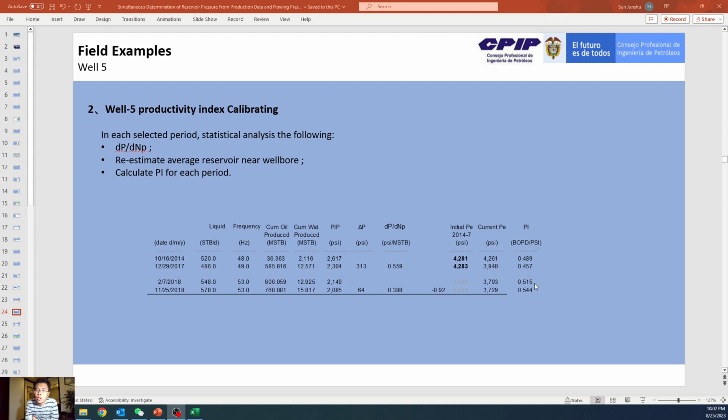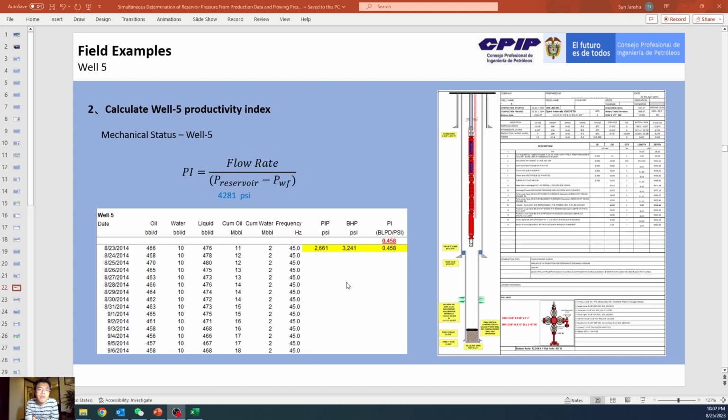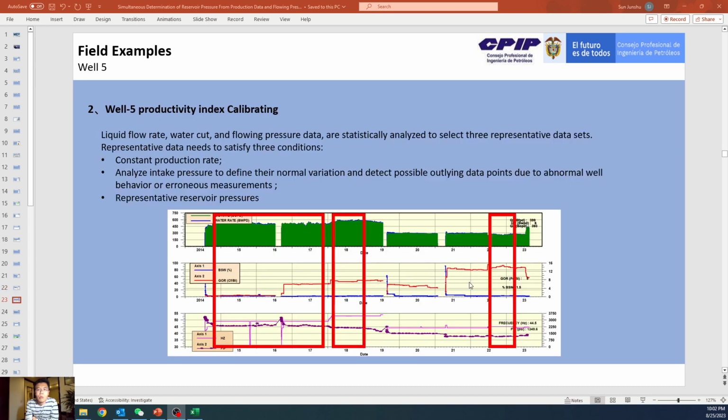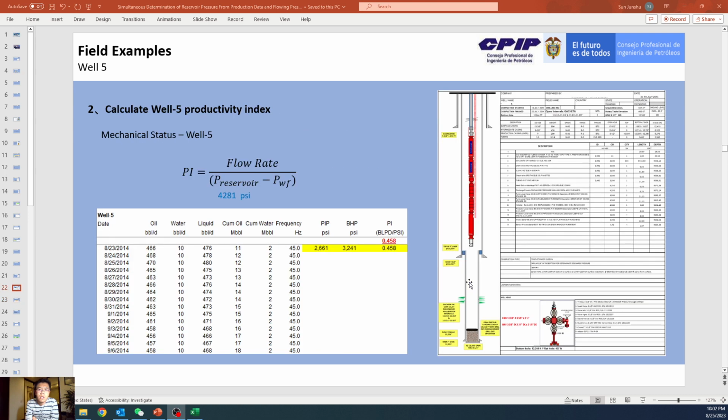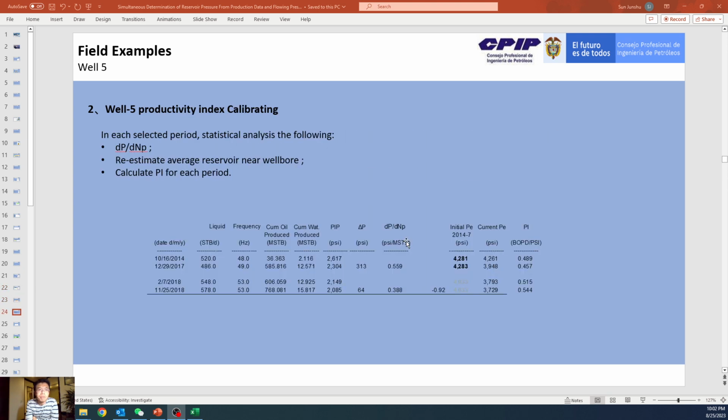Let's compare this PI with the PI we calculated from the first point, that is 0.458. So these PIs are quite close. So we can see the first PI could be representative to calculate the back calculated reservoir pressure.